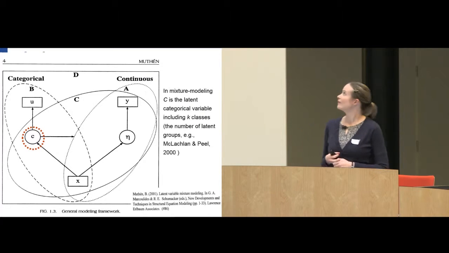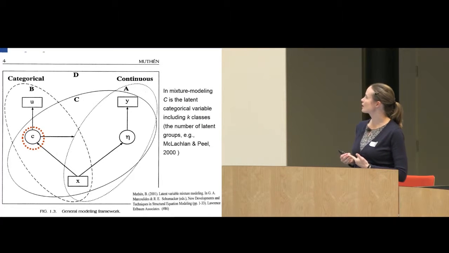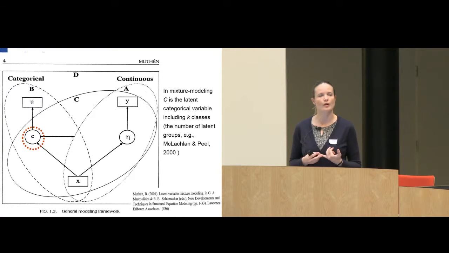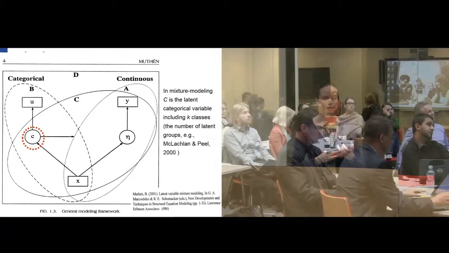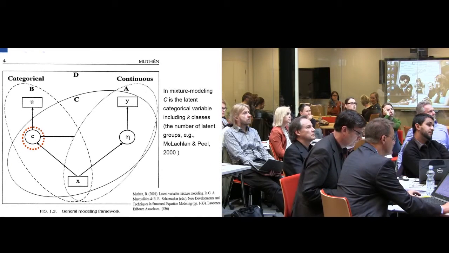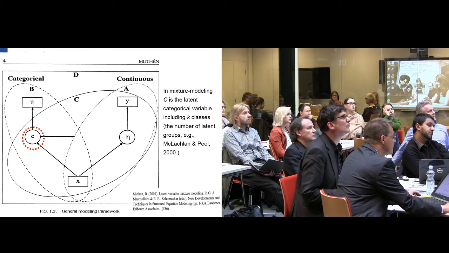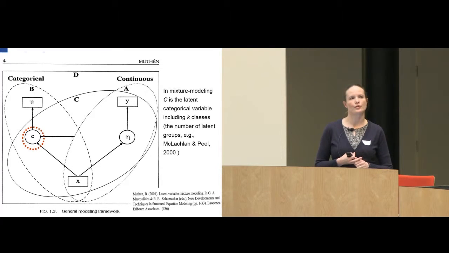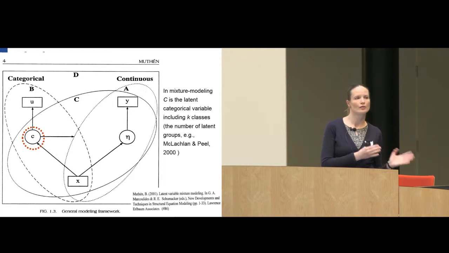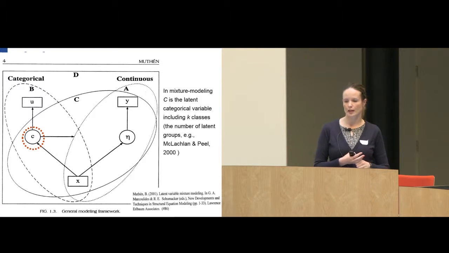And in notation, we use symbol C to refer to a latent categorical variable that includes k number of latent classes or latent groups. And mixture modeling can be applied to continuous variables or categorical variables for cross-sectional data or longitudinal data.